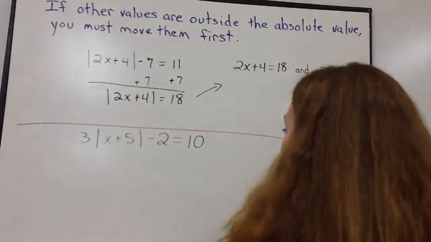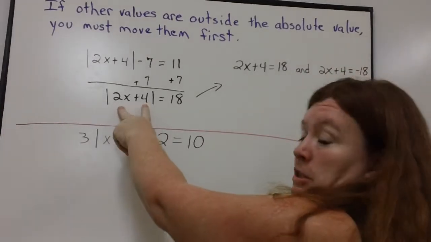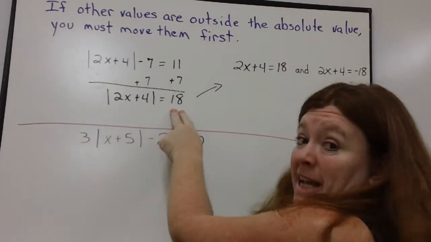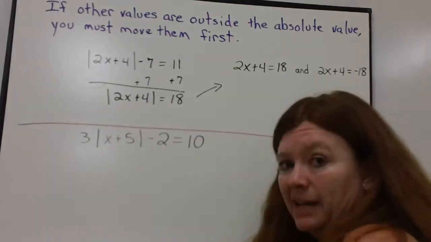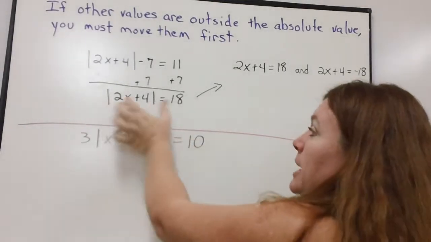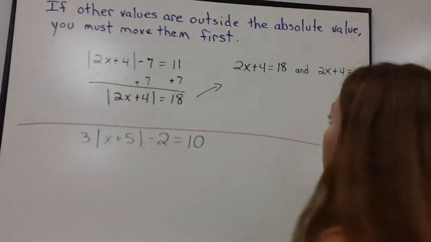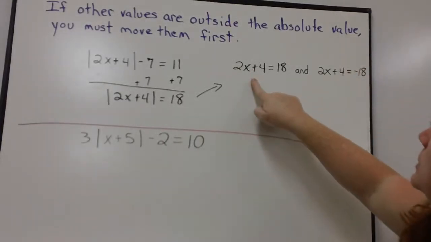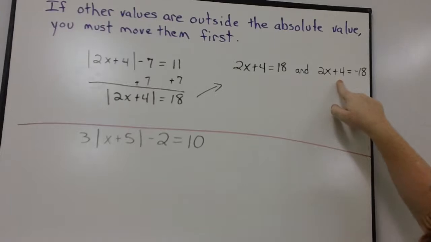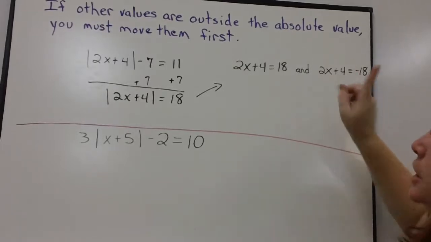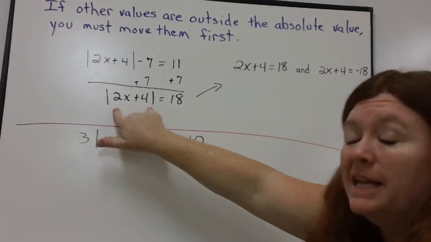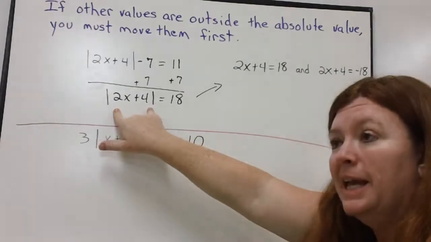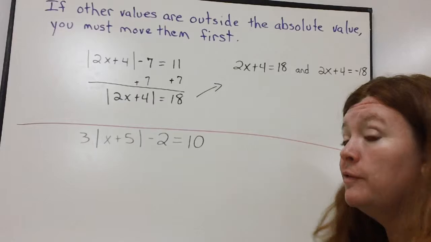Now I can look at this and say, all right, 2x plus 4 has to give me an 18, or 2x plus 4 has to give me a negative 18, so that when I take the absolute value, I get positive 18. So I wrote those over here: 2x plus 4 is 18, and 2x plus 4 is negative 18. Notice I did not change anything inside here. I just know that whatever's inside must equal 18 or negative 18 for this to work.